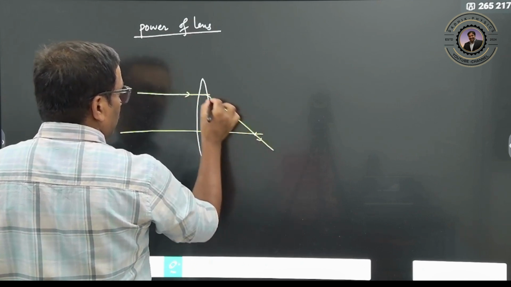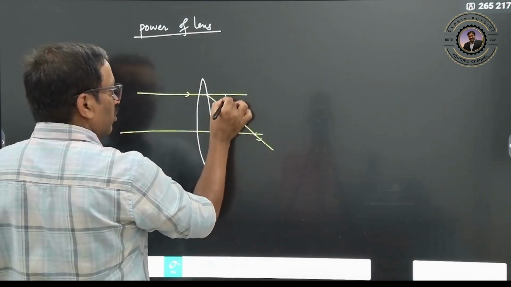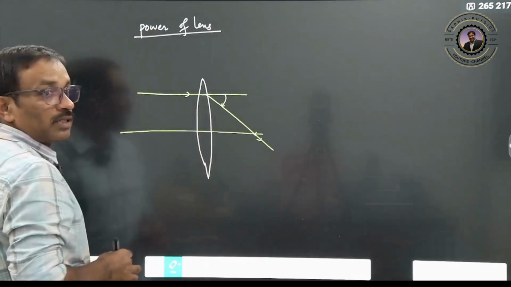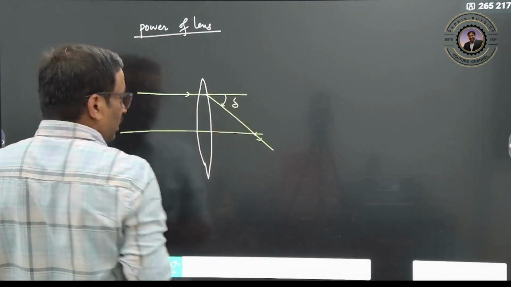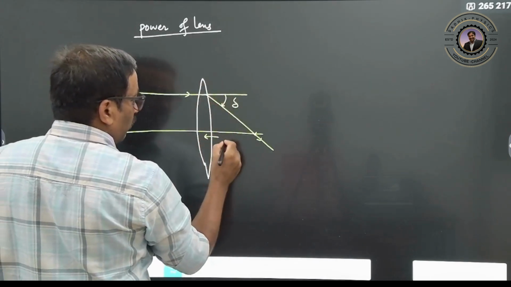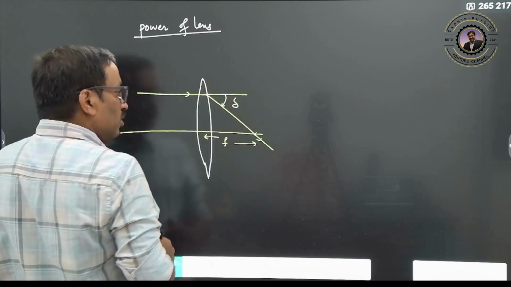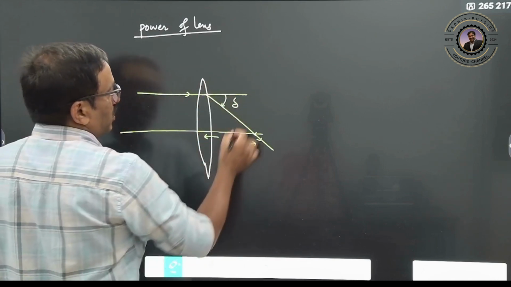This light ray would have gone like this, but this much bending of your light ray has taken place, or this much deviation has happened. If there is more deviation, the focal length will be less. If there is least deviation, the focal length will be more.